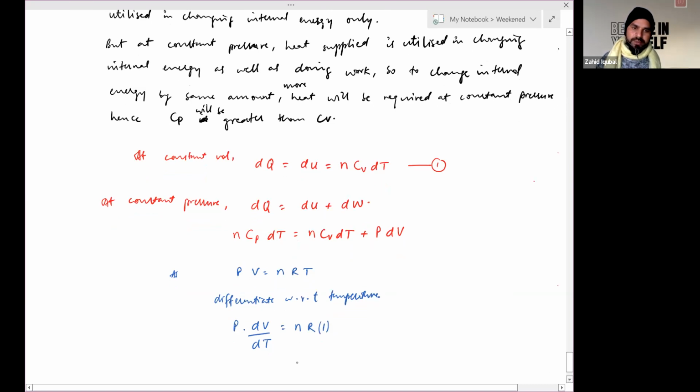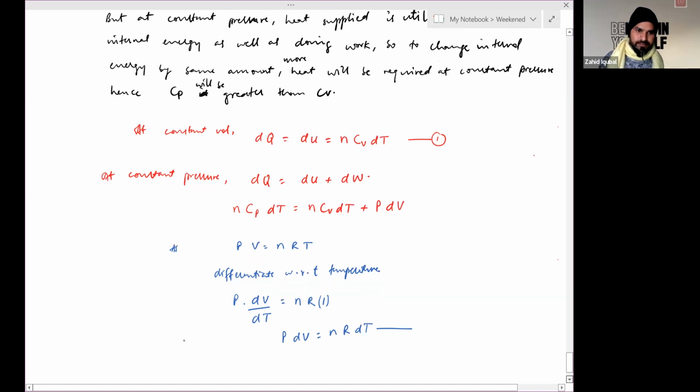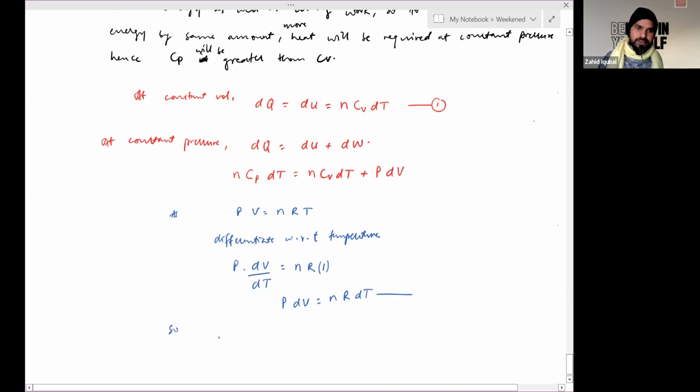So on rearranging this equation, you will get P dV equals nR dT. Put this expression in the upper part for work done. So n times Cp dT will equal n times Cv dT, and in place of PdV, nR dT.